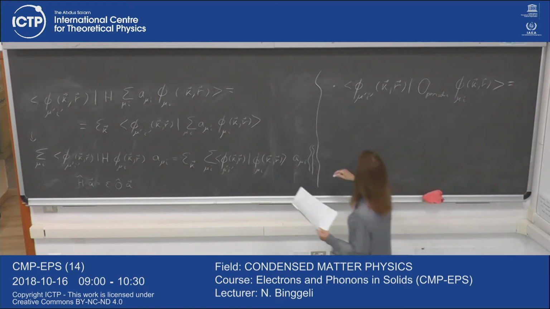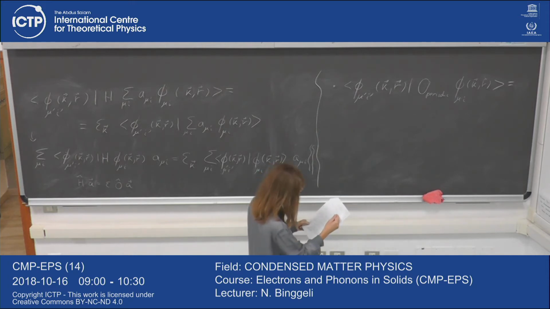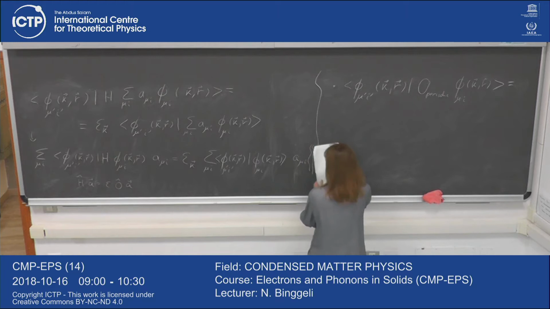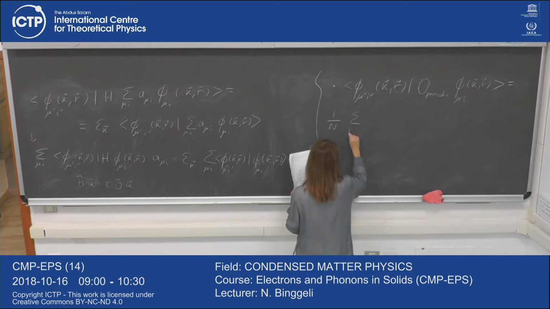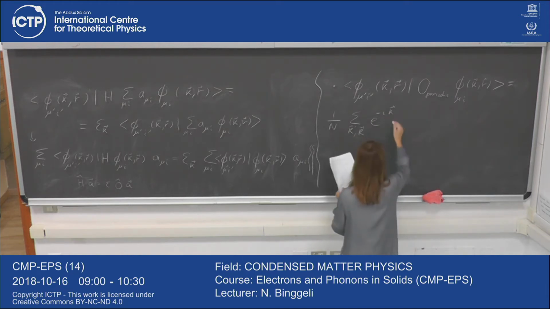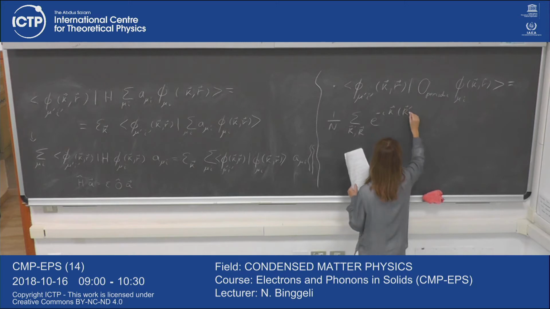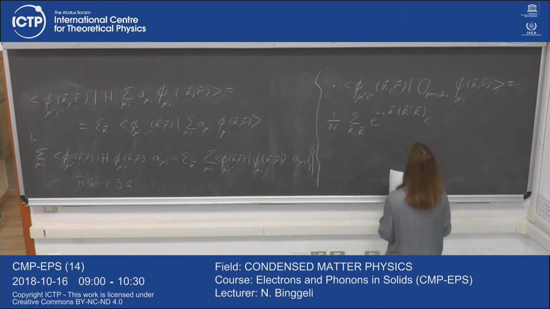If I replace my tight binding function by the explicit expression, I'm getting 1 over n, sum over r prime and r. I have a double sum, exponential minus I k times r prime minus r, and then the matrix element of the atomic functions.